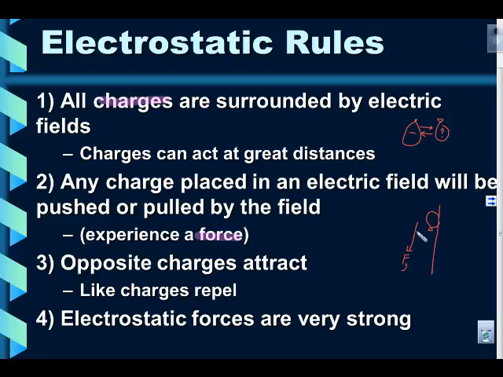It doesn't fall at the same rate as every other object, telling us that this force of gravity, by comparison, is fairly weak. So what is holding it up? Well, the force that's holding it up is actually our electrostatic or electromagnetic force, keeping it tight to that wall, keeping it from wanting to slide down. So I can see from that idea that this force must be much stronger than the other.